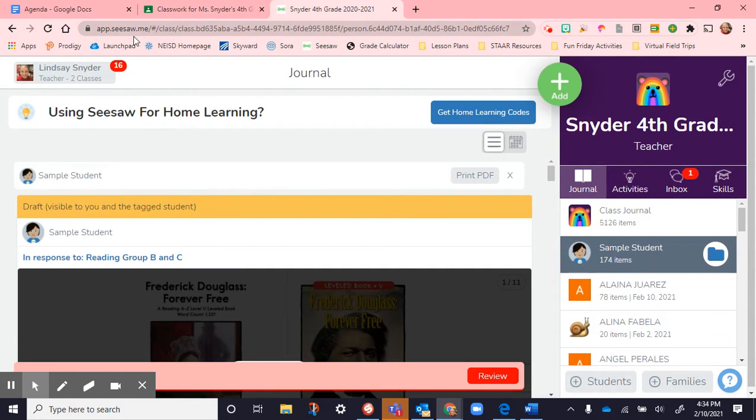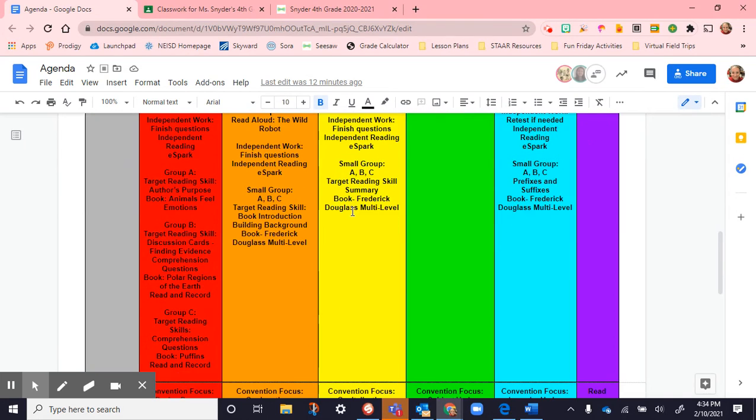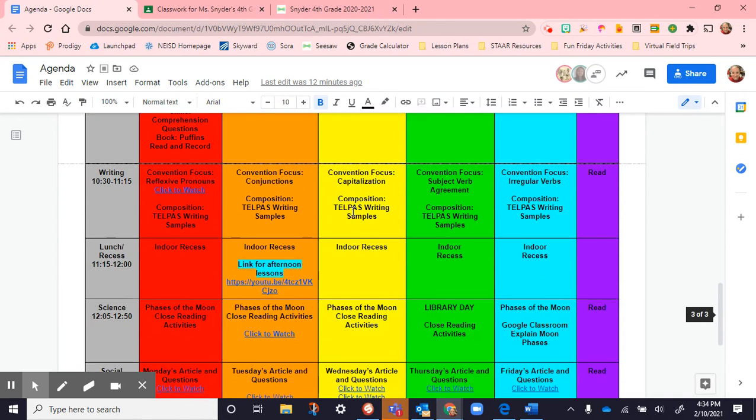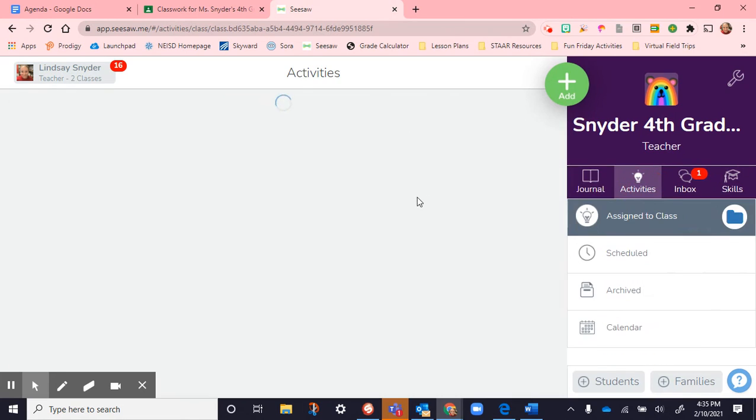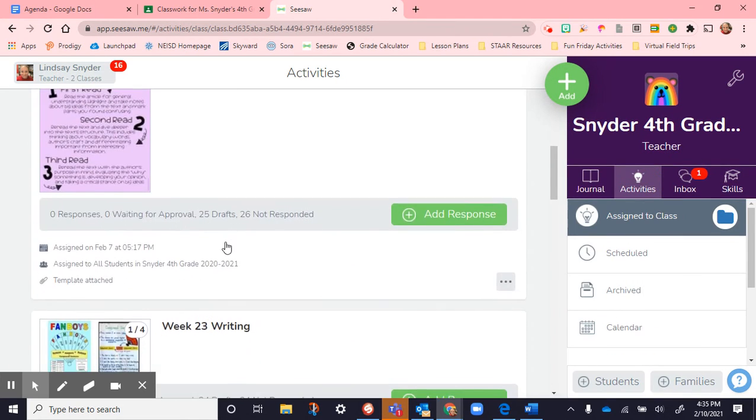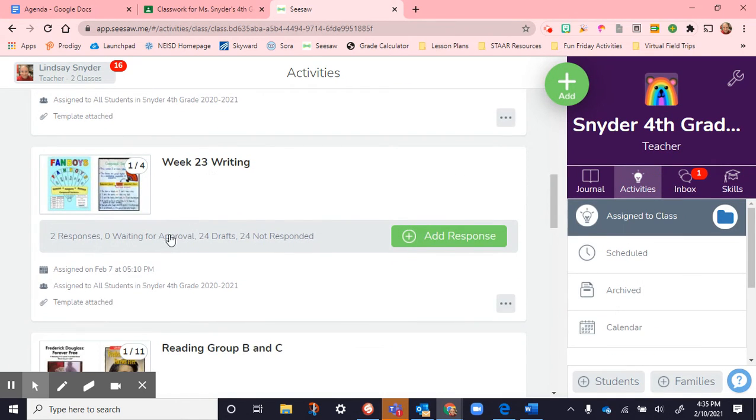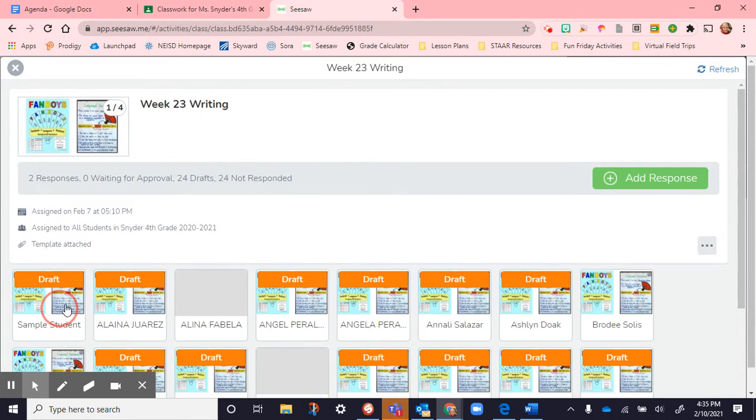And then if you go back here to writing, I'm going to jump back to Tuesday. Tuesday was all about conjunctions, and this is in Seesaw under activities. We have a writing assignment here, week 23 writing. Open up your draft.